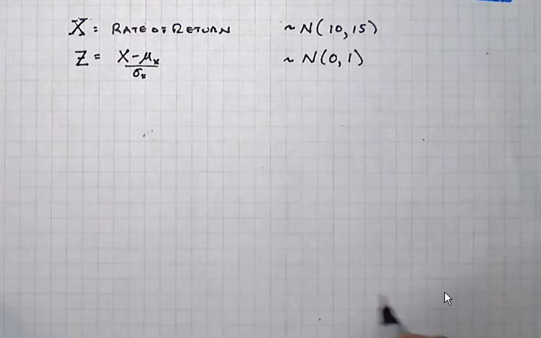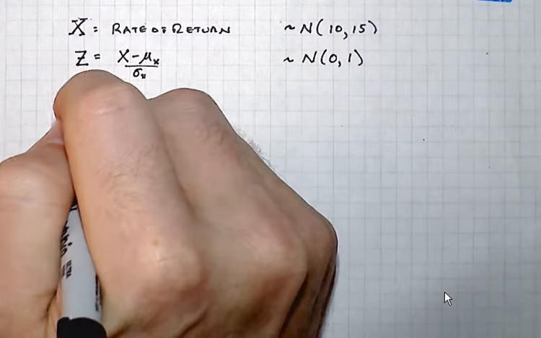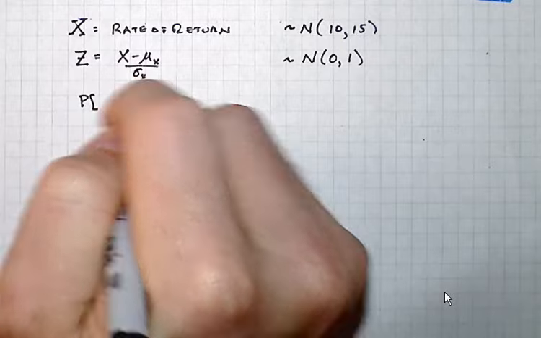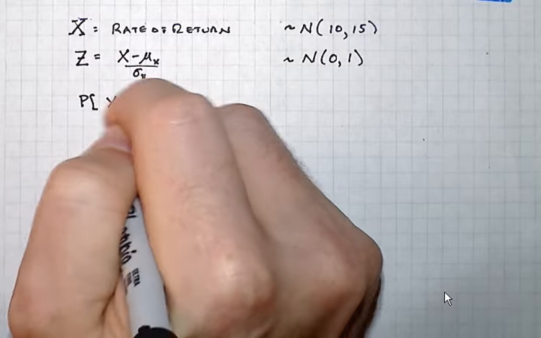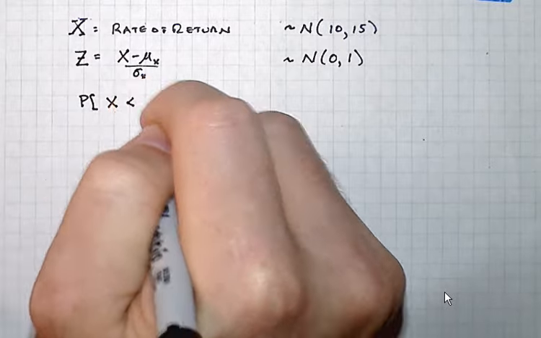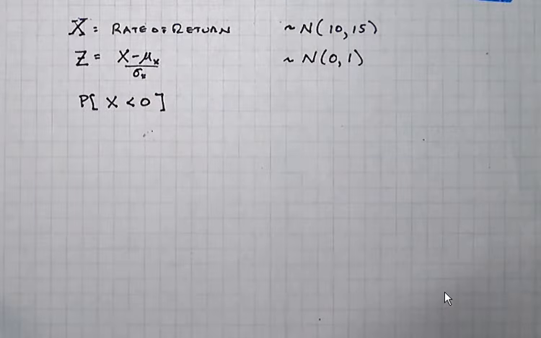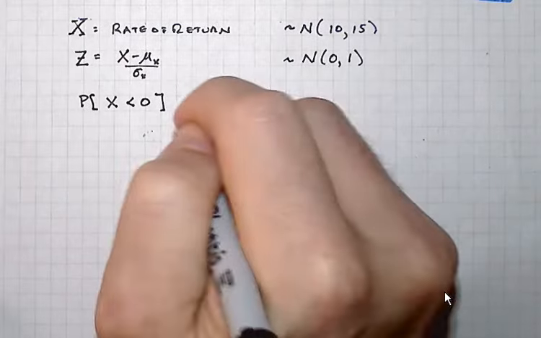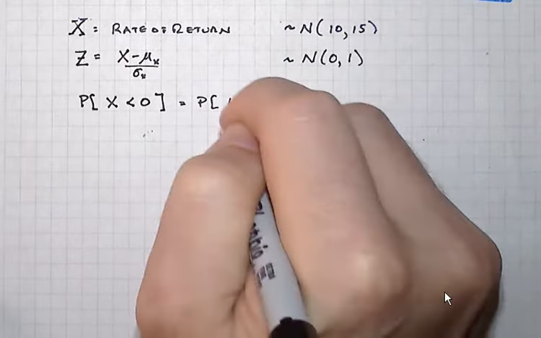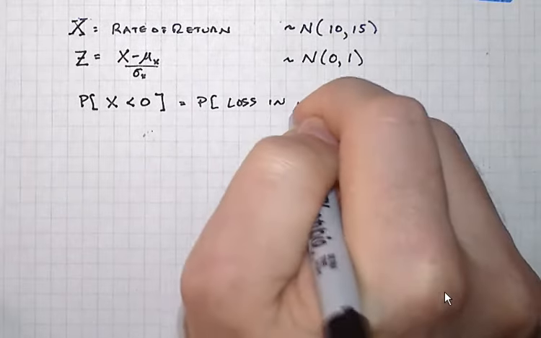And so we were going to go after, well, what's the probability that we have a loss in any one year? So that's the probability that x is less than 0, a negative return. Right, so that was our loss in a year.